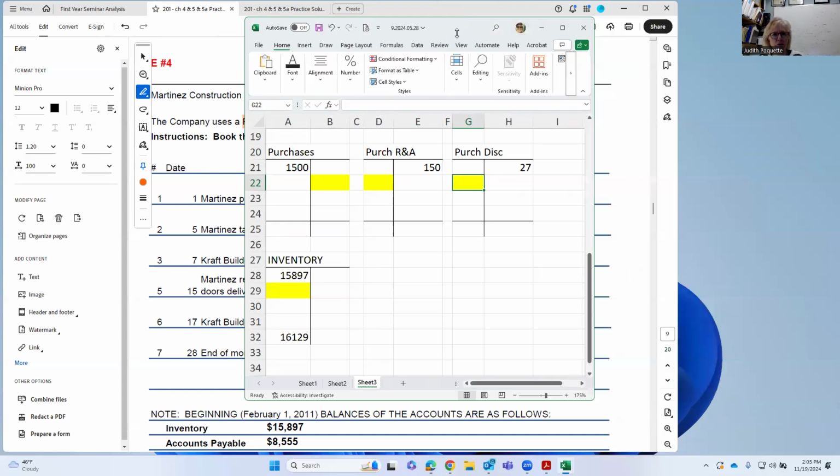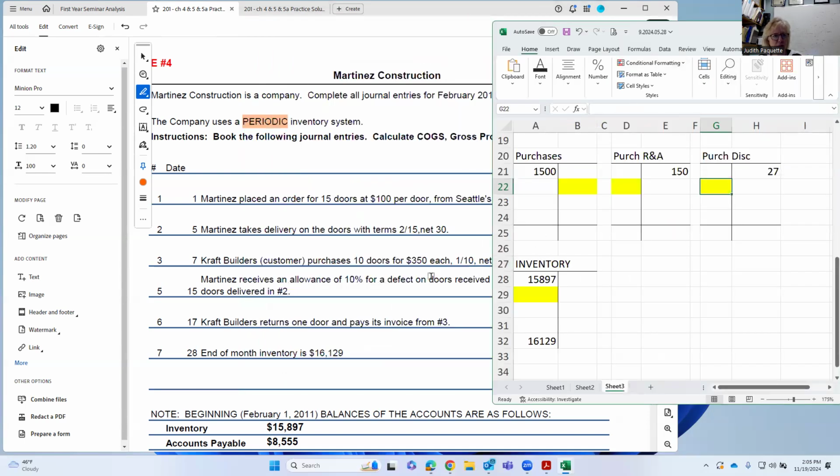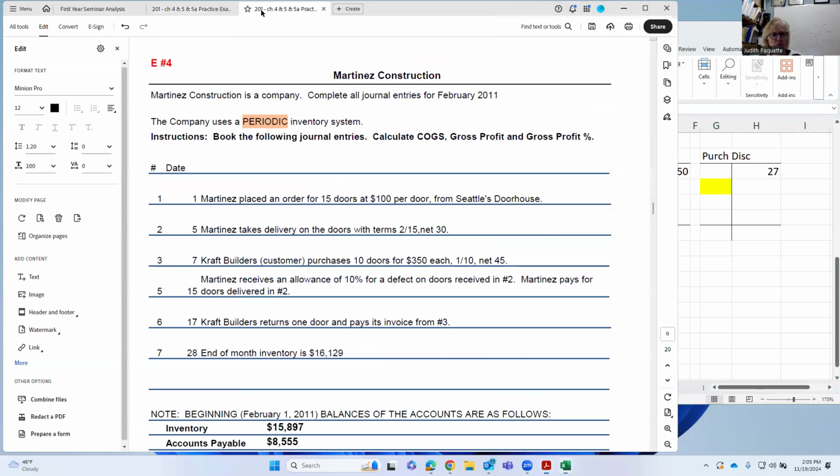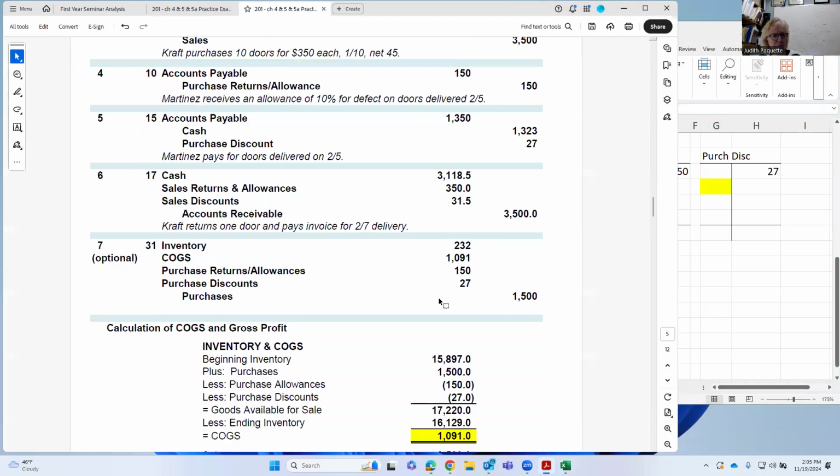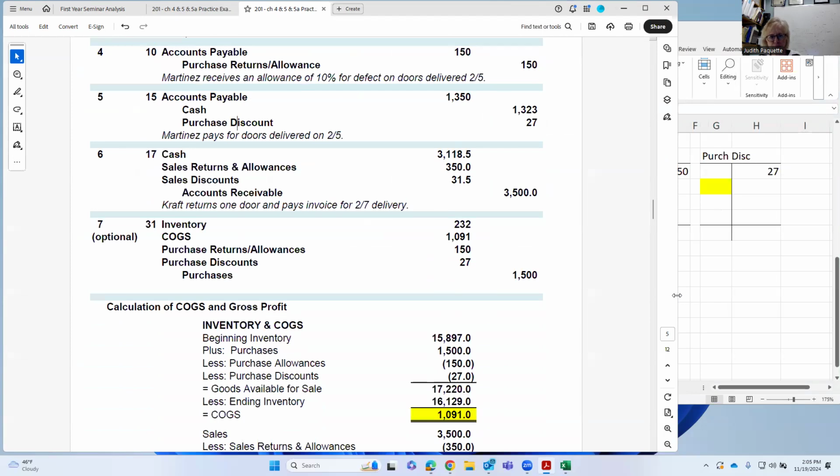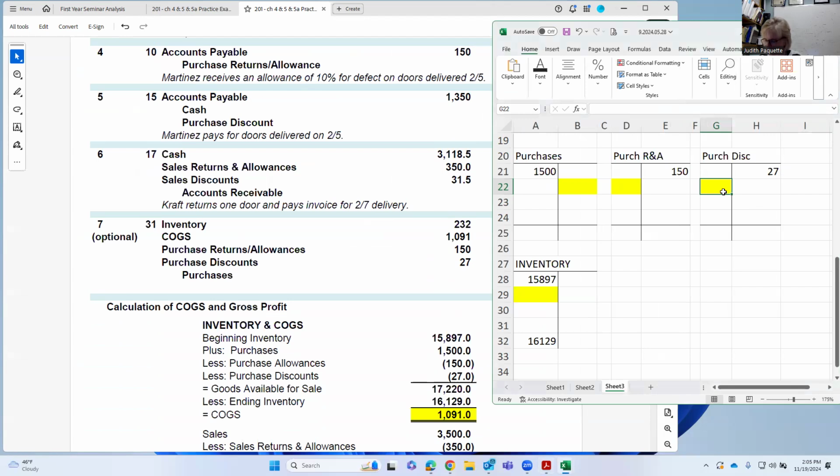All right, so let's look at the solution. The solution is going to involve a debit of 27, and I know that because I've got a balance there. And when I balance this T account, it'll be 0. A debit to purchase returns and allowances, and when I balance that T account, it'll also be 0.